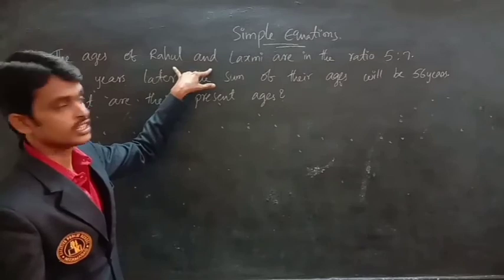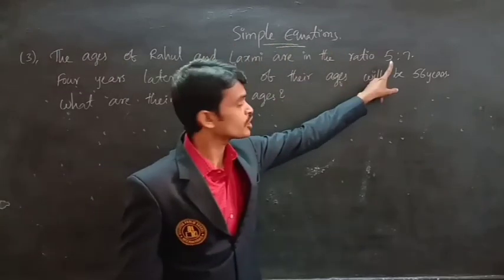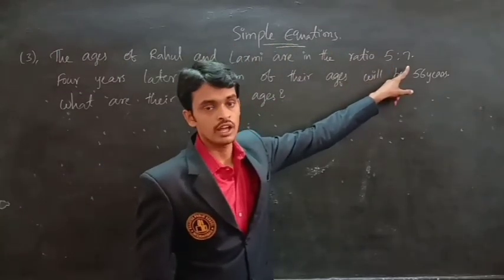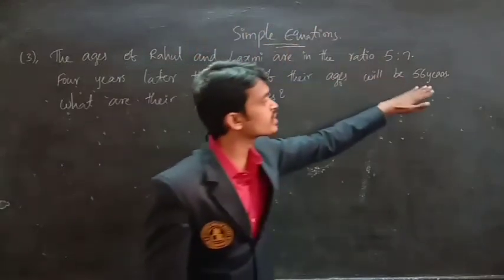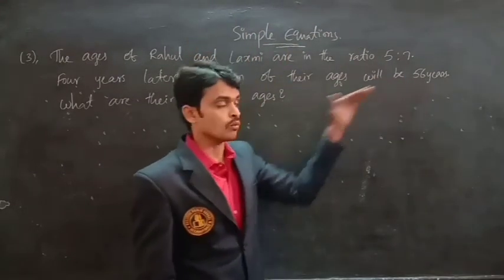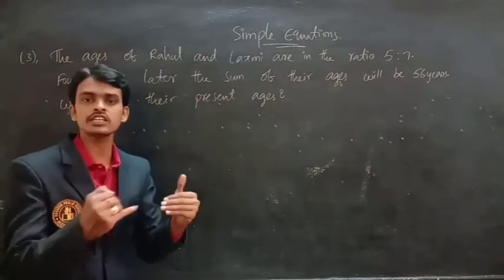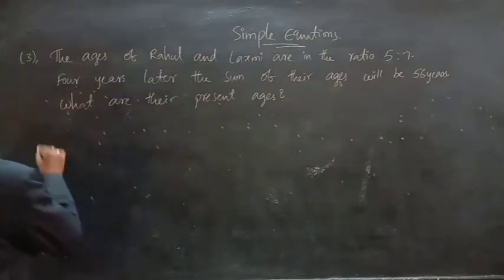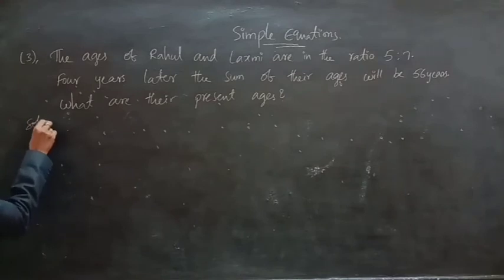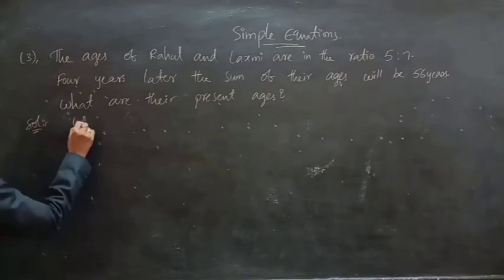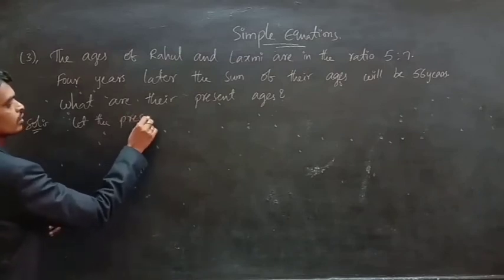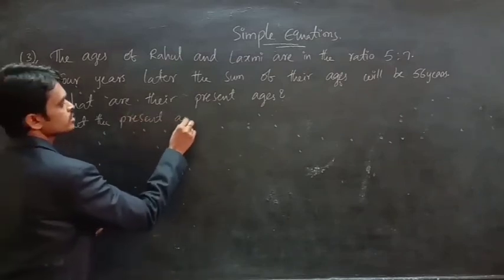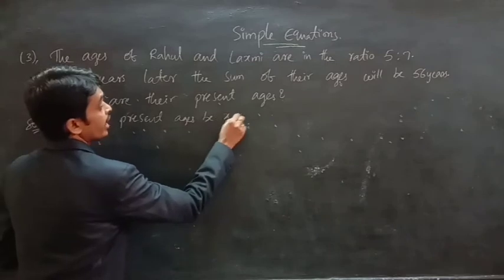So what did they give? Their ages are given in the ratio 5:7. After 4 years, the sum of their ages will be 56 years. Then what are their present ages? They are asking. So solution: let the present ages be x.